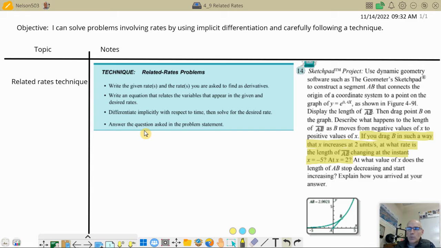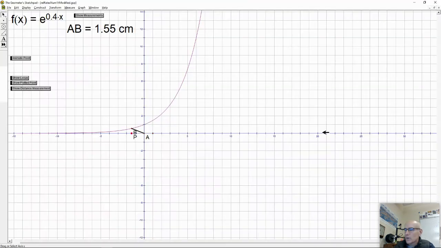So let's just look at the problem in the textbook. We're going to display the length of AB. It's kind of like a program we don't have access to anymore, or you don't, I do. And we're supposed to describe what happens to the length of segment AB. Segment AB goes from the origin out to that special point on our e to the 0.4x function, okay?